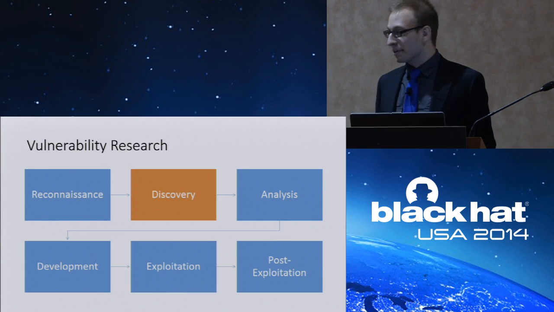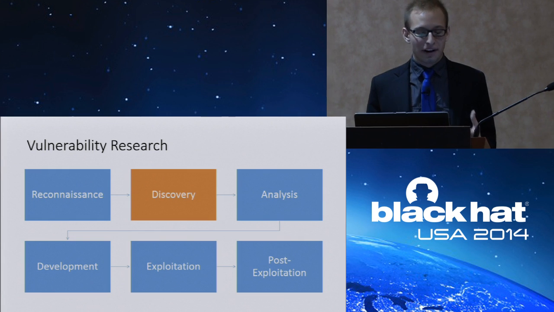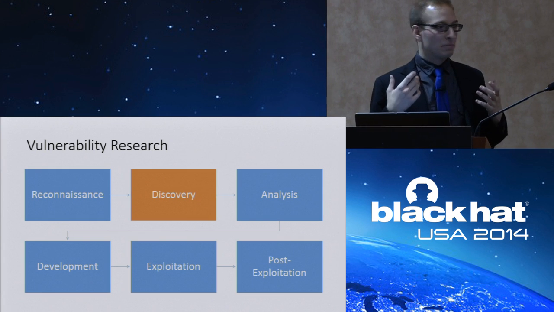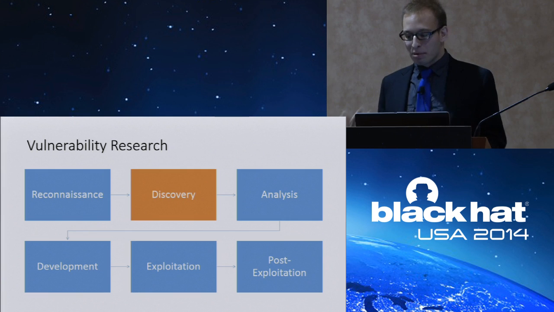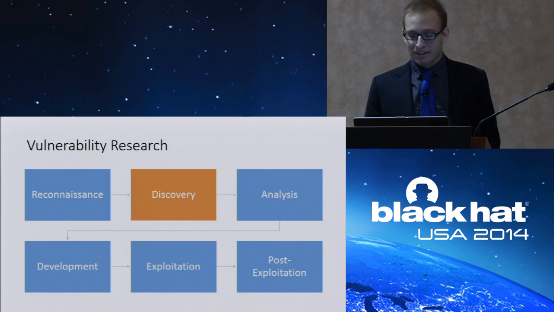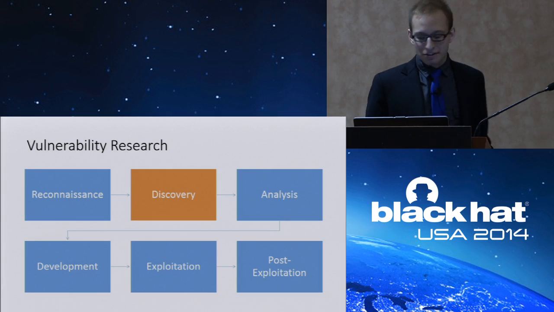Then we start looking for vulnerabilities, and that's what we're going to focus on today, how we find vulnerabilities using program analysis. After a vulnerability is discovered, it's typically analyzed. So we're looking for what are the properties of the vulnerability, how long will it take to weaponize the vulnerability, how easily fingerprintable is it, how difficult is it to discover and patch.